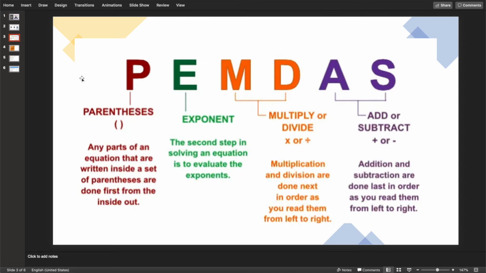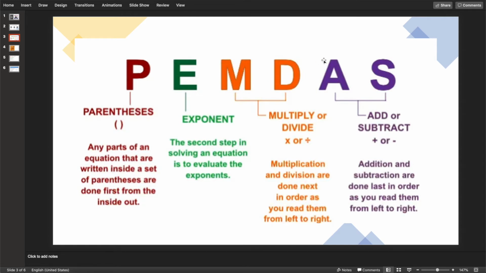So if you have parentheses, or sometimes we'll see some brackets, that is what you solve first. And then you move on to things like exponents. And if you recall, an exponent is like a little bitty number next to another number. So you may have 10 to the second power, for example. That would be 10 times 10. In other words, that number times itself, whatever that exponent is.